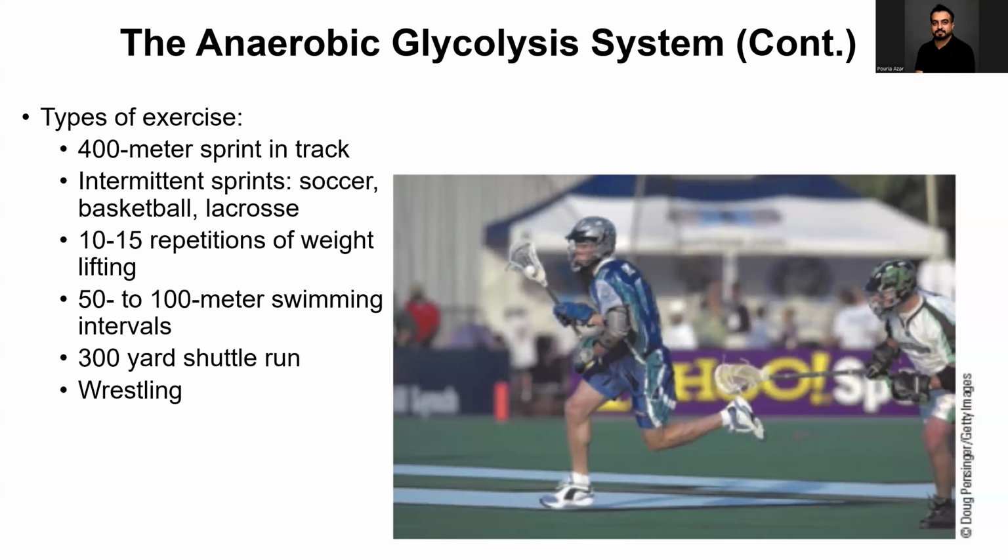These are the types of exercises that predominantly use the anaerobic glycolysis system. Remember, this is just predominantly using one energy system. It doesn't mean that these exercises do not use other energy systems. They use other energy systems too, but they use the anaerobic glycolysis system as their major energy system to replenish ATP.